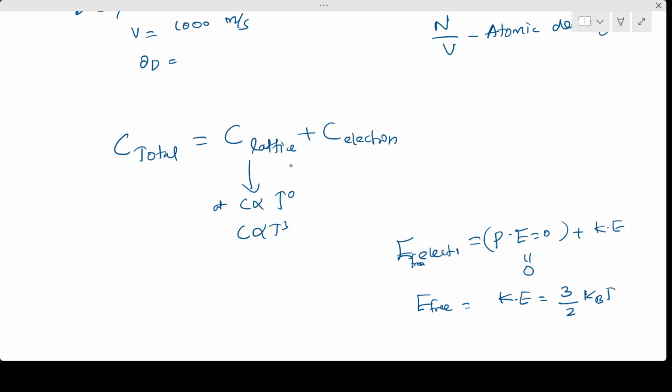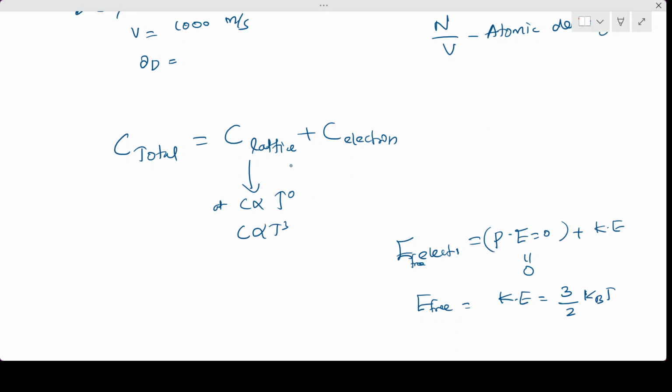Okay, so I think at this point we can end this session. We've just discussed the theory of specific heat, where we have seen there will be two contributions to specific heat, one from the positive ion core, another from free electrons. We only discussed the contribution from lattice vibration.